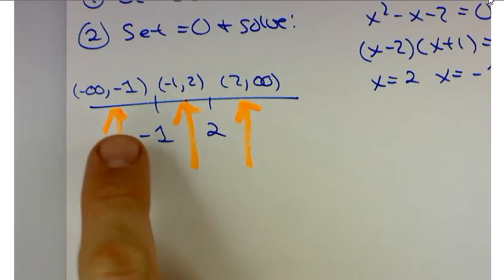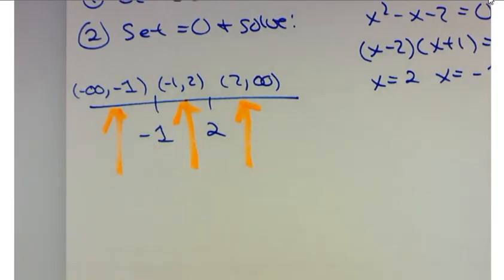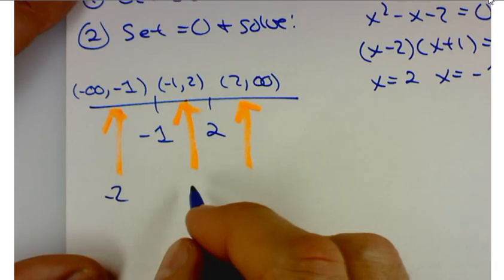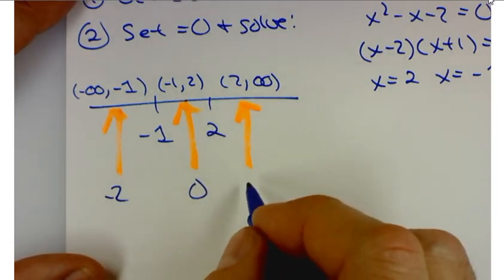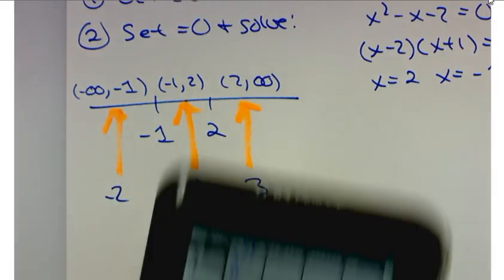What would be a point in this interval from negative infinity to negative 1? Negative 2. How about a point in the interval negative 1 to 2? 0. And from 2 to infinity? 3. You don't have to choose really crazy points. There's nothing wrong with choosing some simple points.